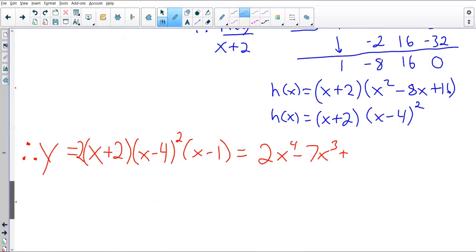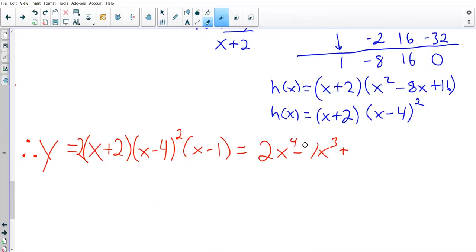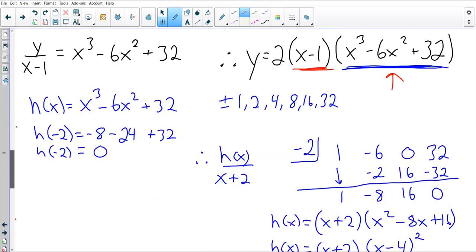So let me just fix that. So 14x cubed plus 12x, and then I had 64x, and I just can't remember what those signs were, so I'll jump back up and then fix them.